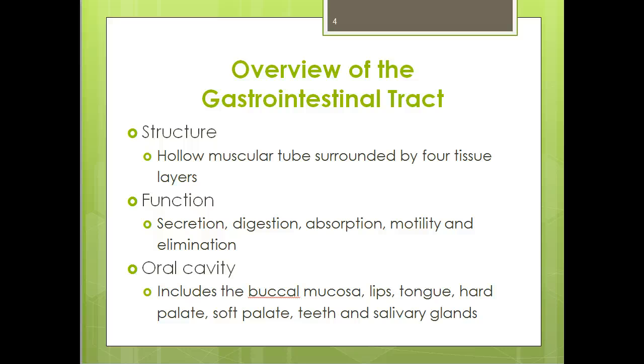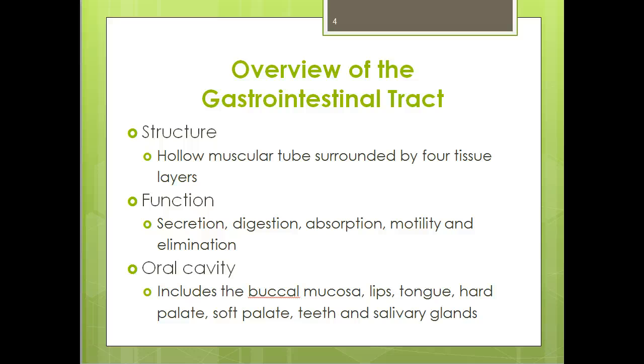The GI tract is divided into the mouth, the pharynx, the esophagus, the stomach, and the small and large intestines. Each of those forms its own function.